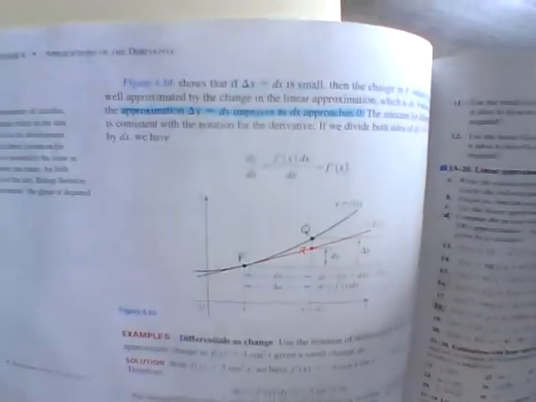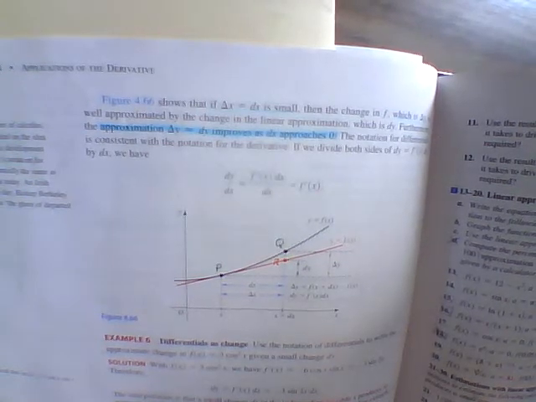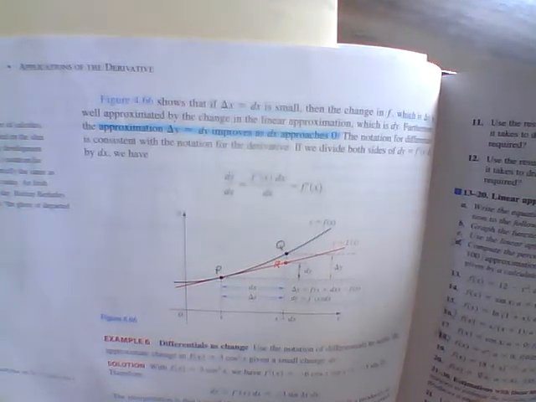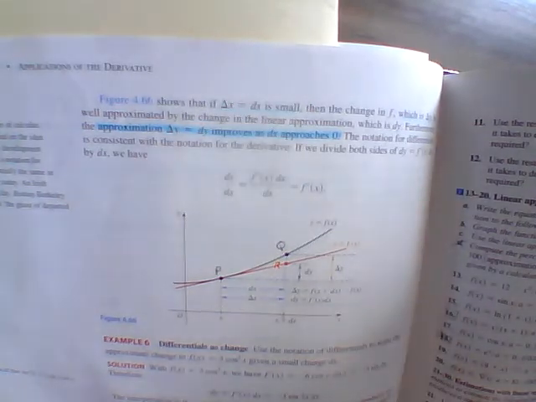One of the notes I have up here is that the approximation delta y is approximately dy improves as dx approaches 0.